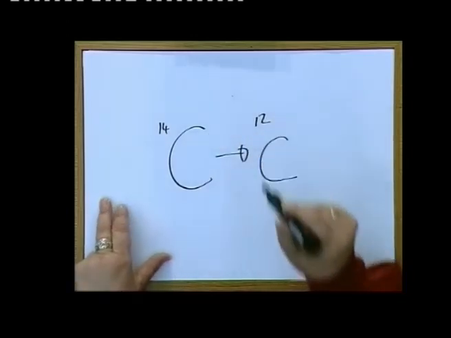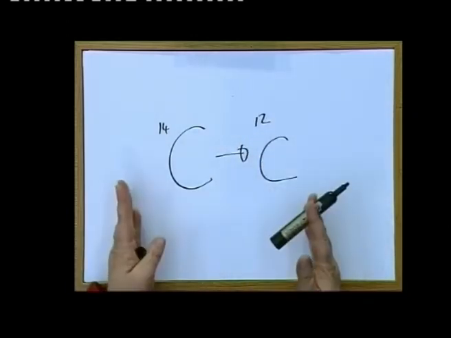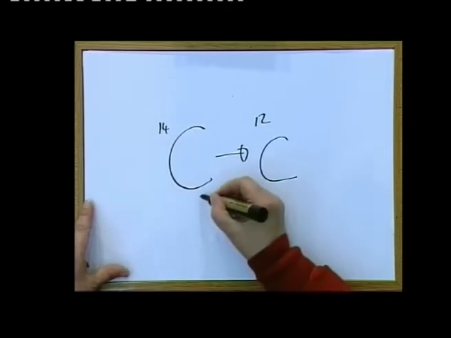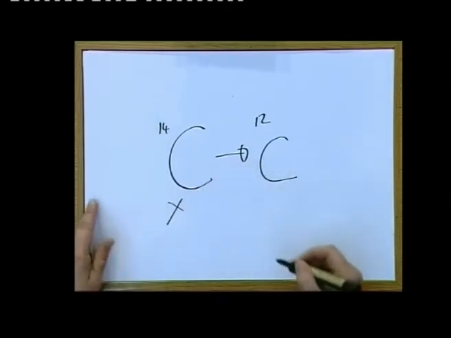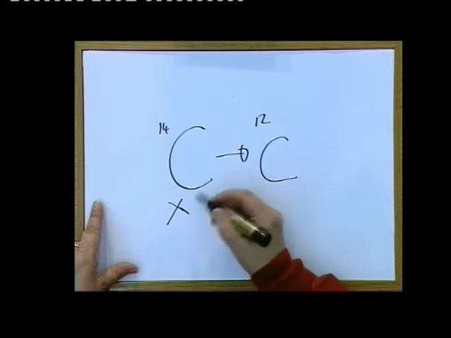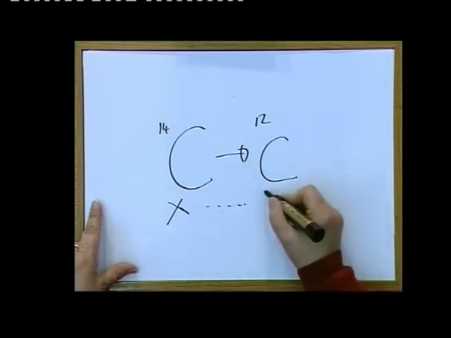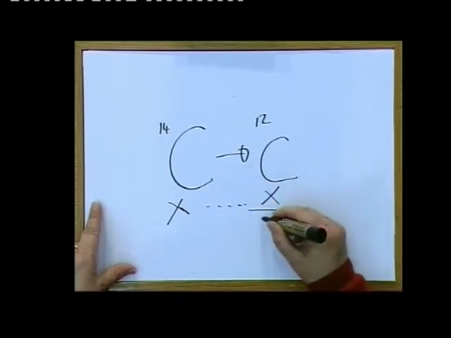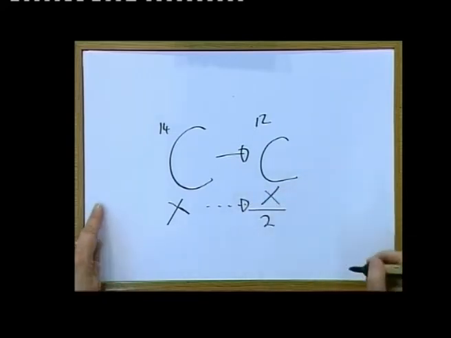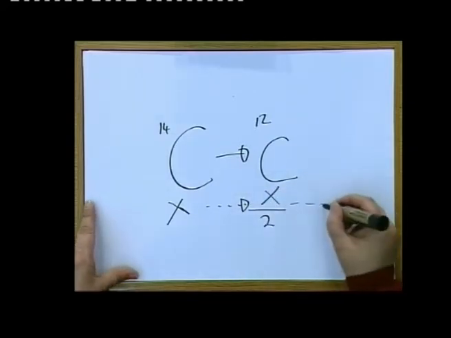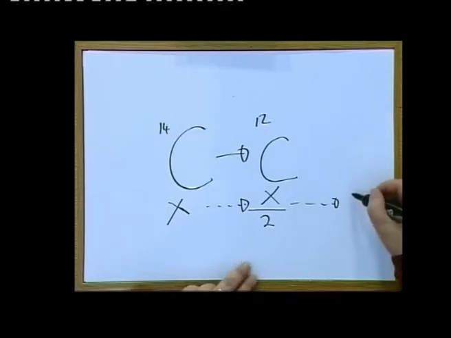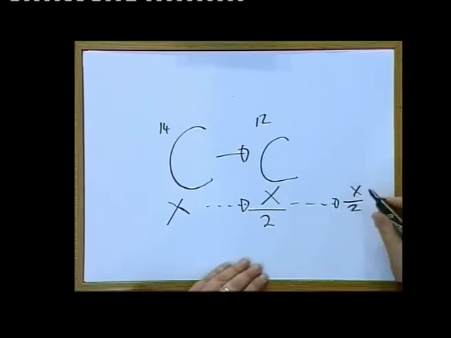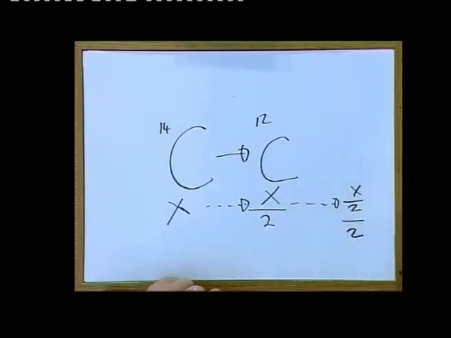Now, the change takes a certain time. If I have X amount of carbon-14, after a certain amount of time, I will have X divided by 2. After a certain time, I will have X divided by 2 divided by 2.